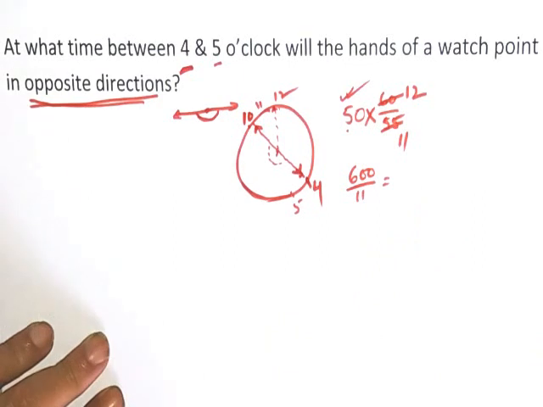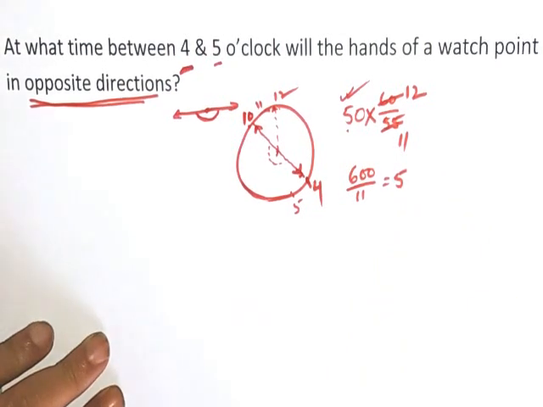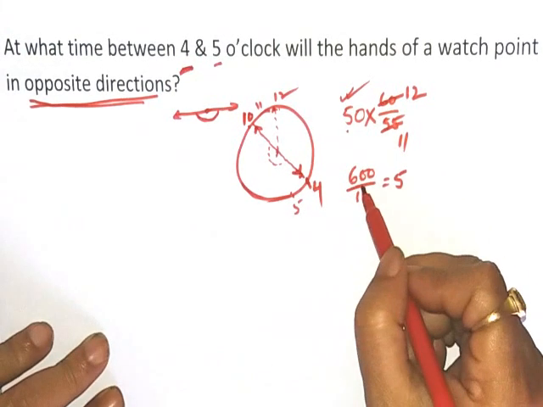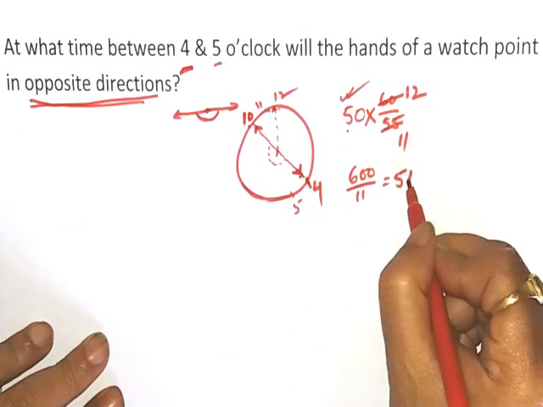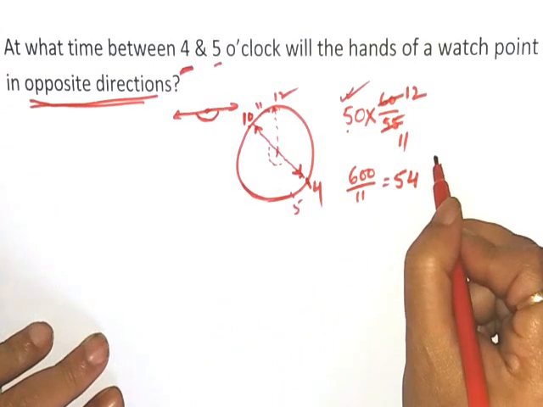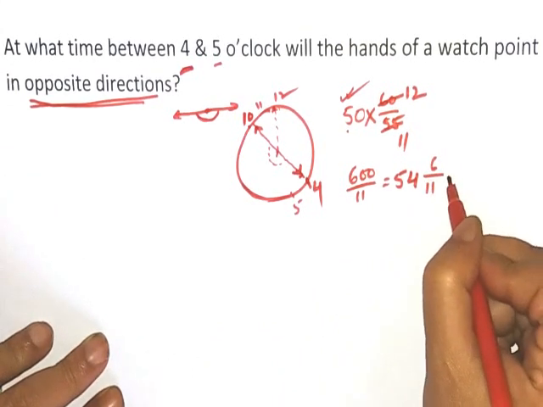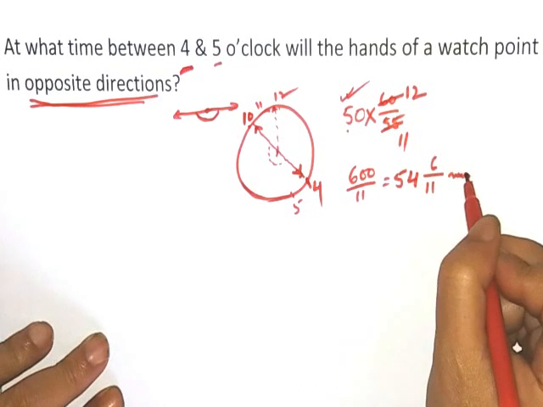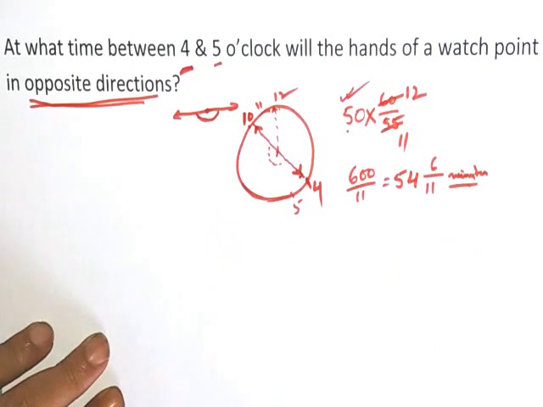11 5s are 55. Again, then the remainder is 5. Okay. Then 11 4s are 44. Remainder is 6. Then 54, 6 upon 11 minutes. That means this is the time, not the 50. 54, 6 upon 11 minutes.